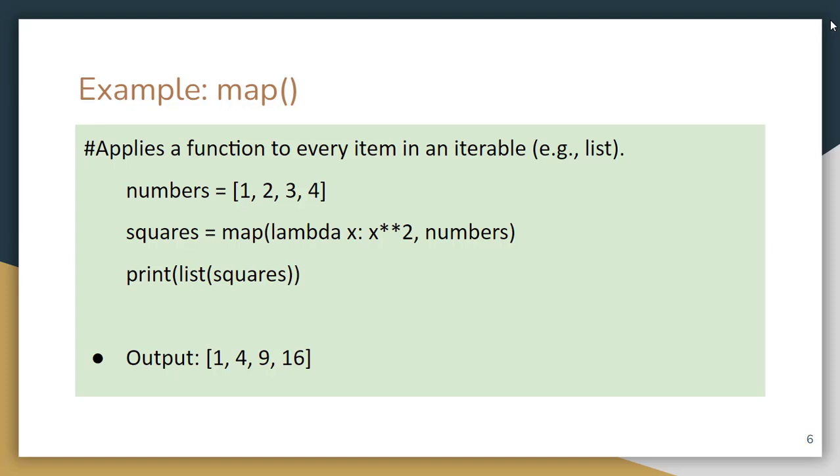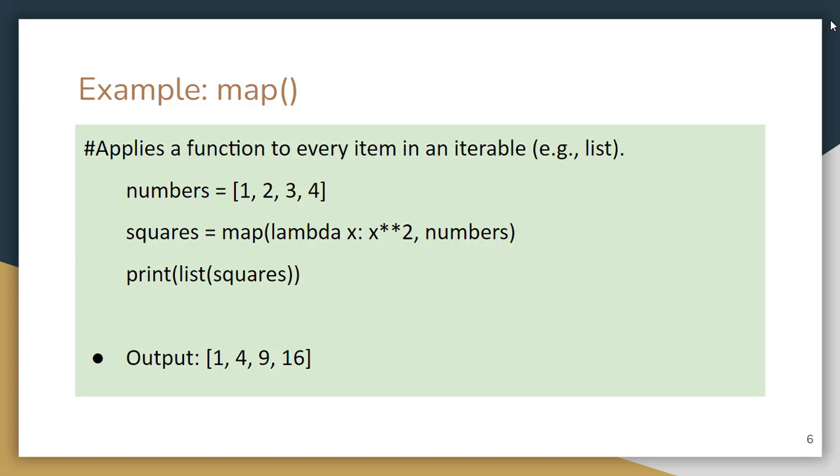This is an example of map. In this example, map applies a function to every item in an iterable, that is a list. There is a variable, a list in square brackets: numbers = [1, 2, 3, 4]. We are going to calculate squares, so the variable name is squares. squares = map(lambda x: x * x, numbers), where lambda is a lambda function.